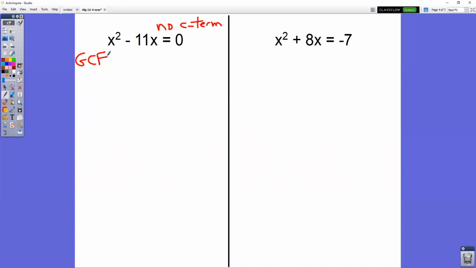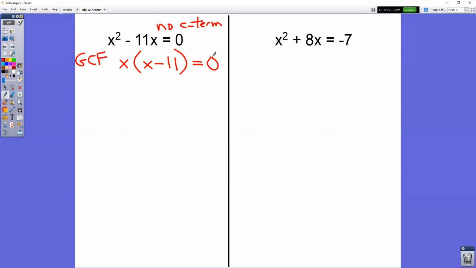So I have to do the greatest common factor. We have x squared and minus 11x. I can factor out an x from both terms. If I take an x from both terms, I'm left with x minus 11 inside the parentheses.